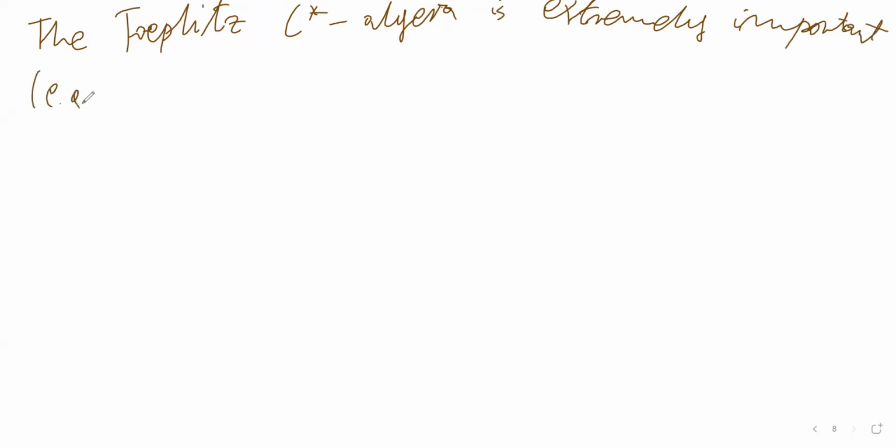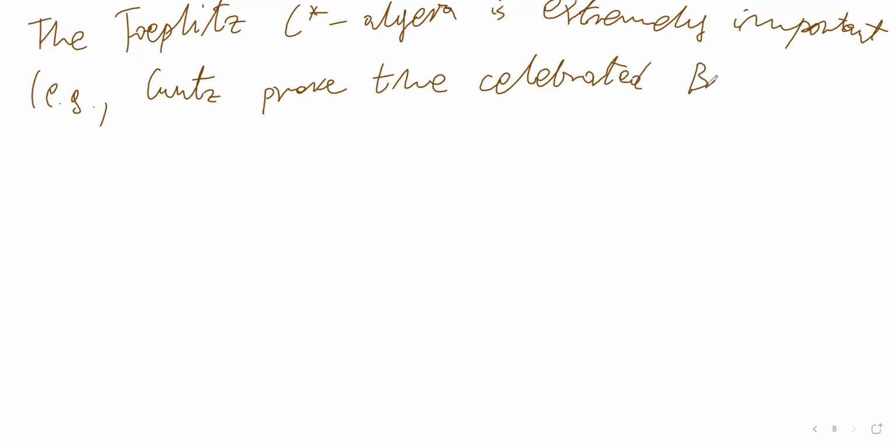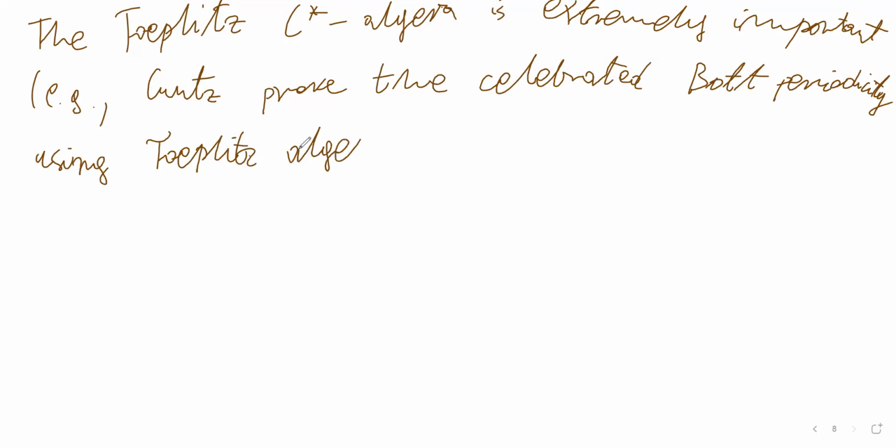For instance, Joachim Cuntz proved the celebrated Bott periodicity, one of the most important theorems of the 20th century, using Toeplitz algebras. So remember the name. This is very, very important, and it has so many incarnations.